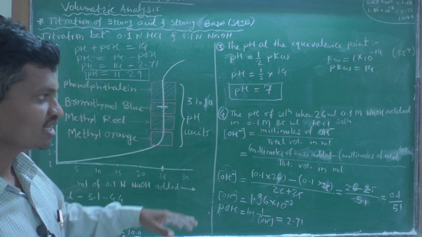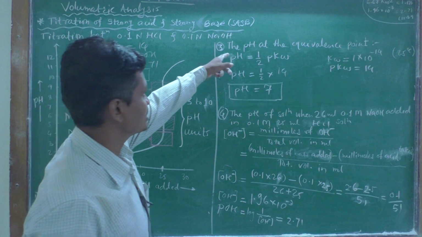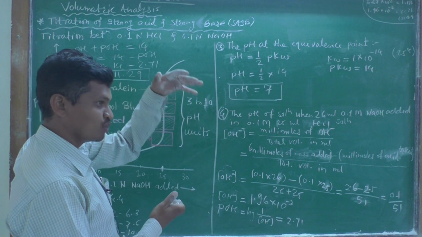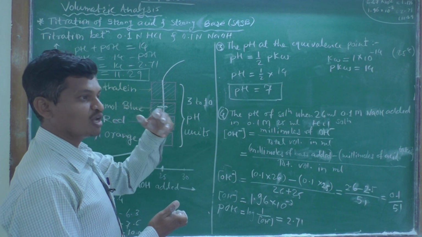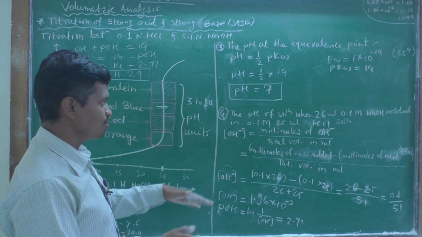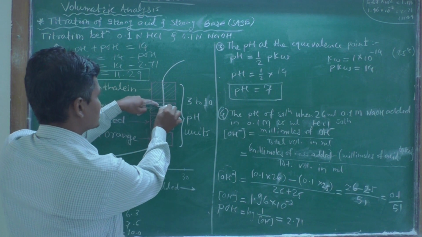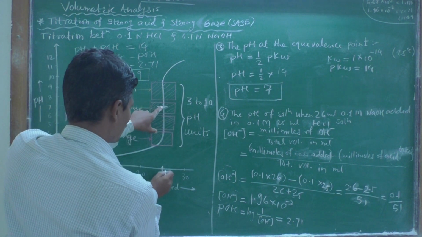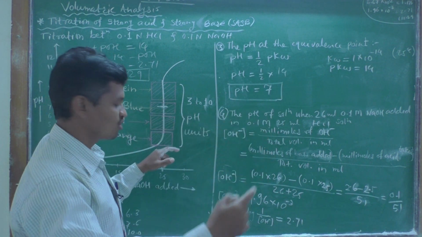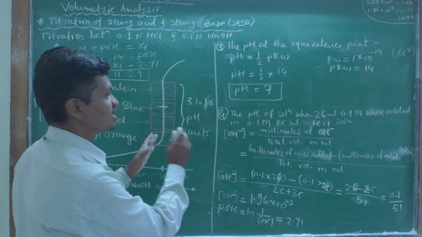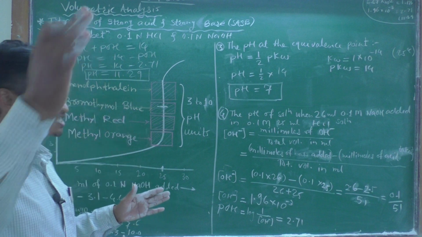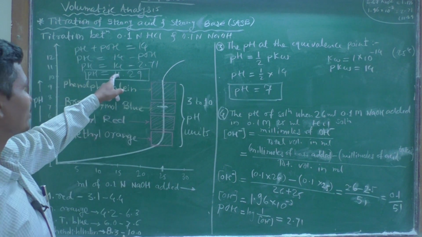See this, this is very important. Up to equivalence point, when we have added 25 ml of NaOH, that is base, from the burette into the conical flask which has 25 ml of acid, the strength of concentration of both the solutions is the same. Up to this the pH is 7. When we move from 25 ml to 26 ml, that is just 1 ml more from the equivalence point, the pH of the solution increases drastically, very fast, from 7 to 11.29.